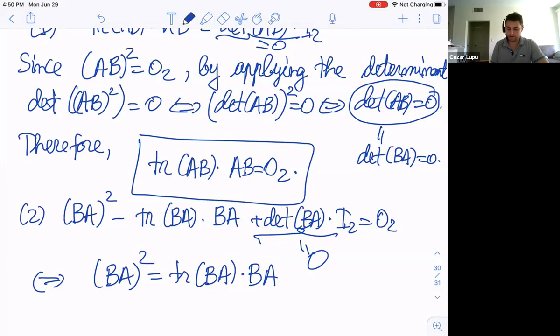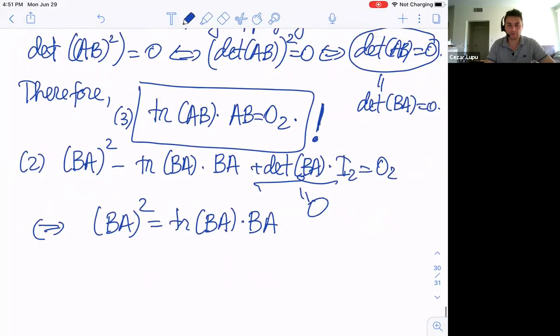Let's call this 3. In identity 3, keep in mind that the trace is a scalar. So the trace of AB times AB is the null matrix: a scalar times a matrix is the null matrix. So we have two options: either the scalar is 0, or the matrix is 0.